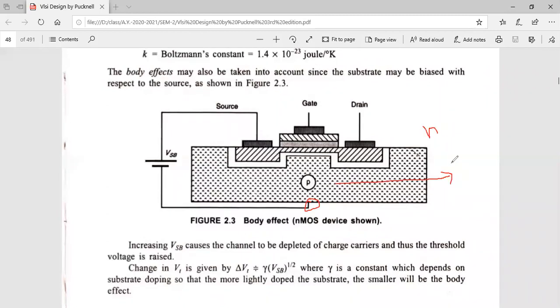If it is an NMOS, it has to be connected to the ground, right? The substrate has to be connected to the ground, but here it may also change the operation, right? So we used to consider this body effect also.